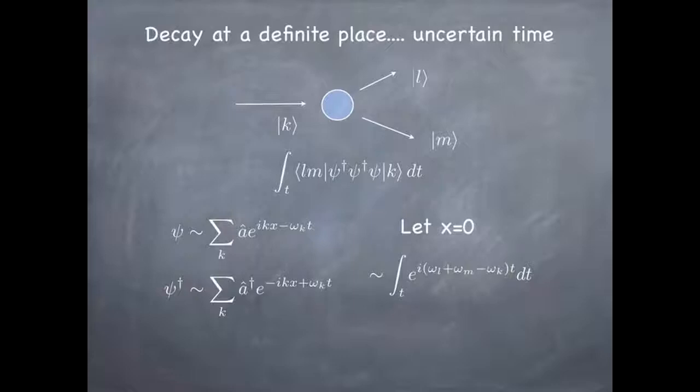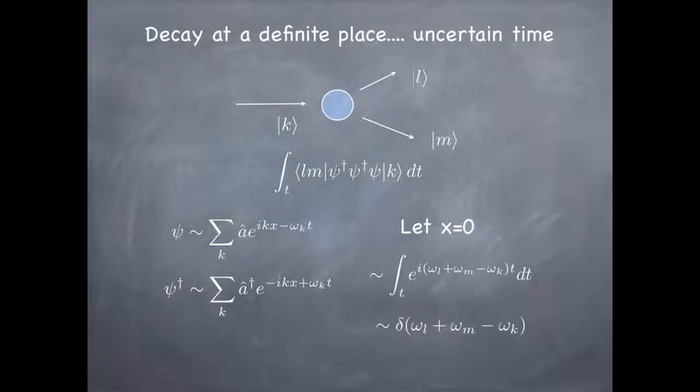And so I'm going to end up with a factor in my calculation that looks like an integral over all possible times of e to the i(omega sub l plus omega sub m minus omega sub k)t. They come right out of the definition of the interaction. And notice that that is nothing other than a delta function.